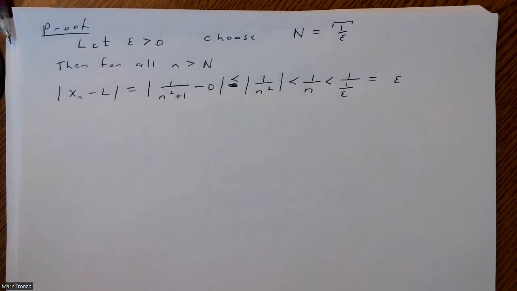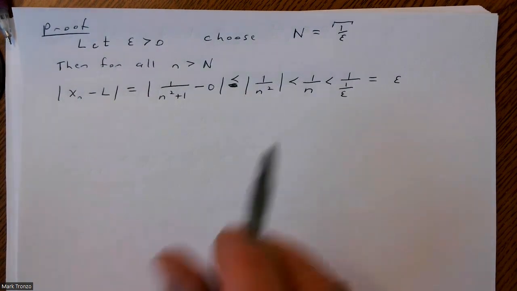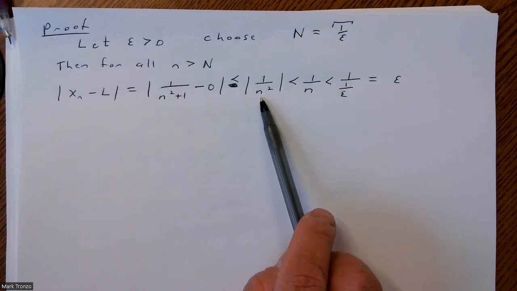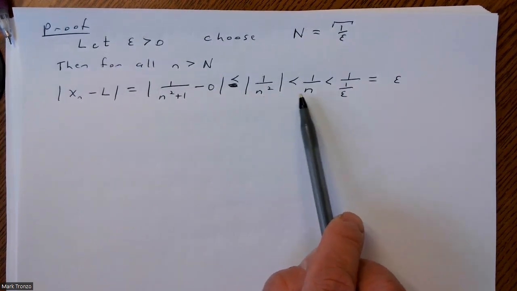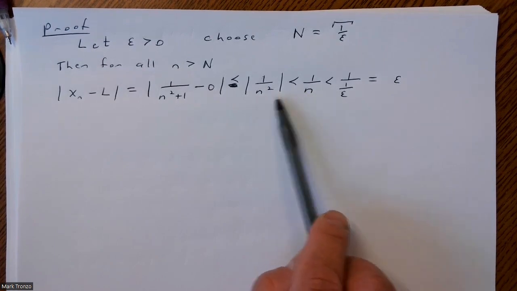Yes, sir. How can we say that 1 over n squared and 1 over n is less than epsilon? Let's see. So 1 over n squared, and then you asked about this step.